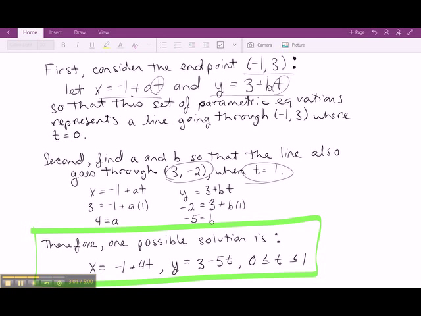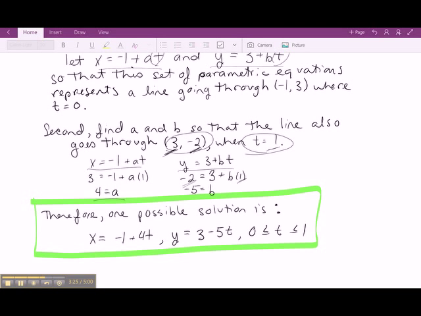I use the same equations that I had above, these two, and I plug in x is 3 because that's where I'm at now, so x is 3 and t is 1. That lets me solve for a, and then do the same thing. If y is -2 and t is 1, I can solve for b. So b is -5.